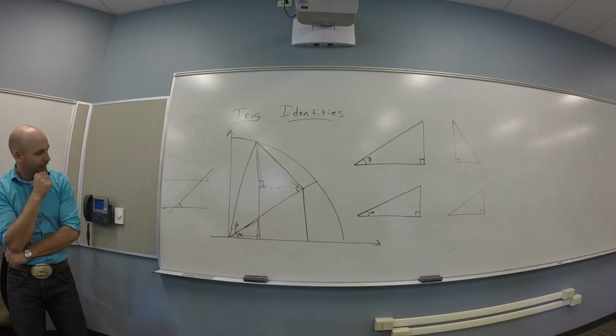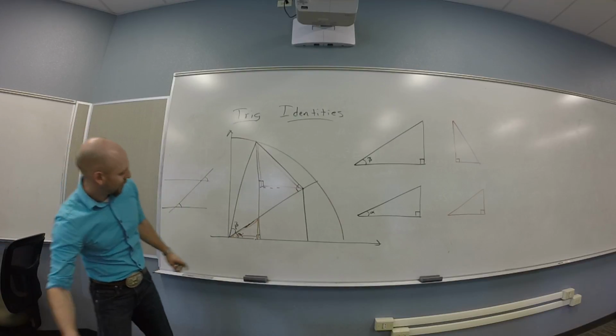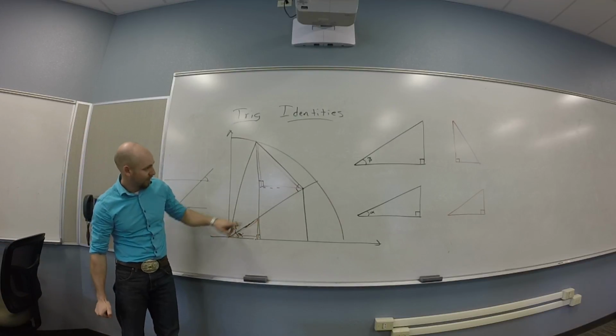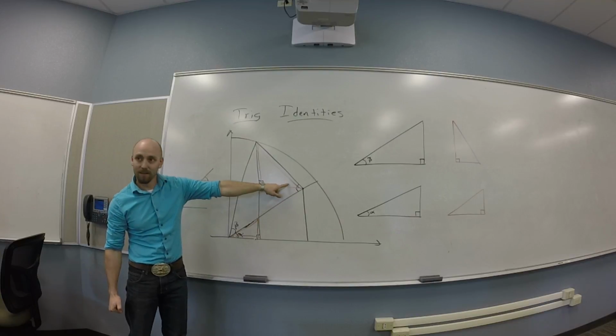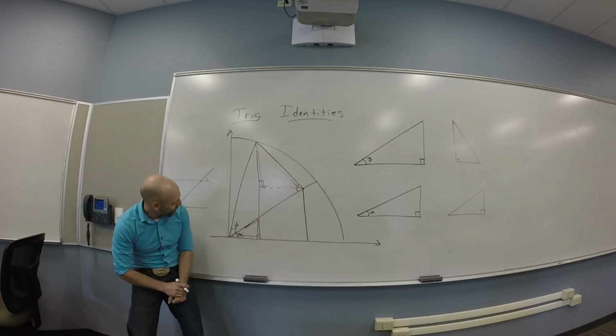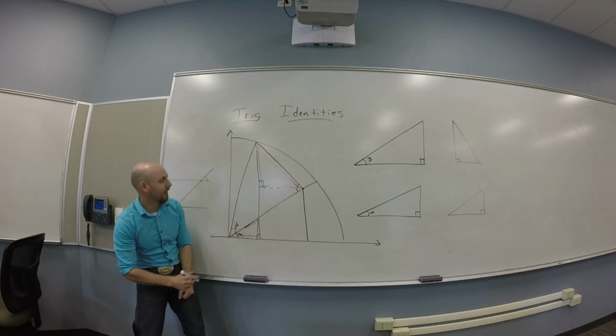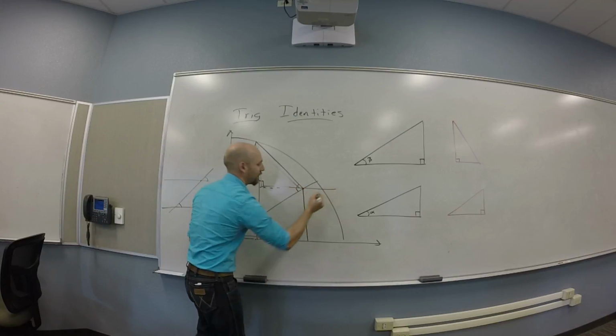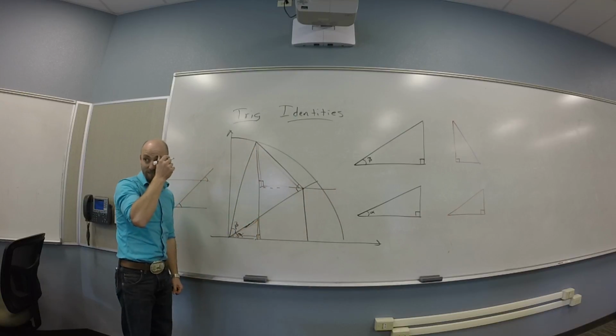Let's see. I think the bottom right angle in that purple triangle is 90 minus alpha. Think so? Sure. Okay, so let's see if we can straighten out why. If I continued this, you guys see that?